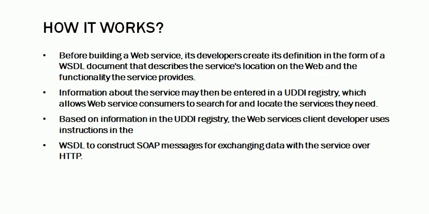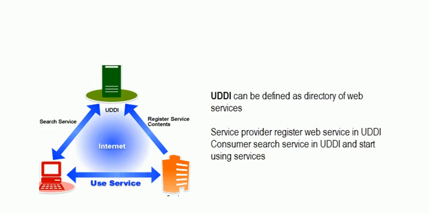Once you get to know about that service, you are going to use it and you can directly interact with the organization which is providing that service. Let's take an example of Google Maps. Suppose this organization is Google. What exactly is Google going to do?